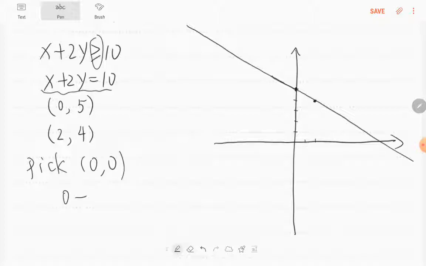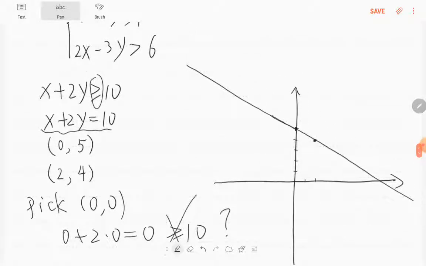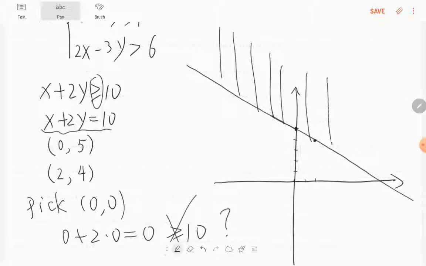So it's 0 plus 2 times 0, which is equal to 0. Greater than or equal to 10? No, this is wrong. So this region is not the region. The region containing the 0, 0 point is not the solution region. So the upper half plane would be the solution set.